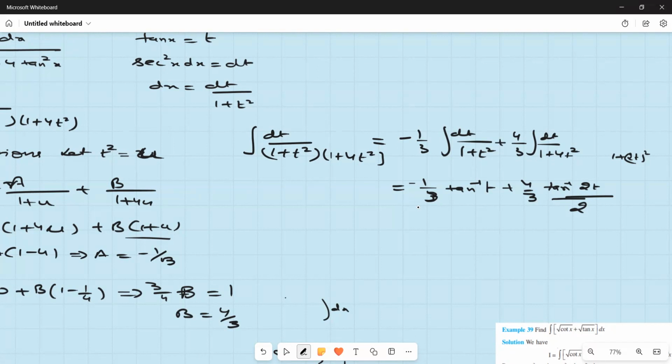Otherwise, remember to take 2t as another function, or take 2 common from here. So it will be 1 by 4 and t, and this will be 4 here, right? So that way you can do, and put the limits and find out the answer.